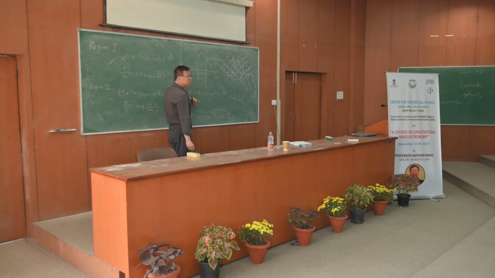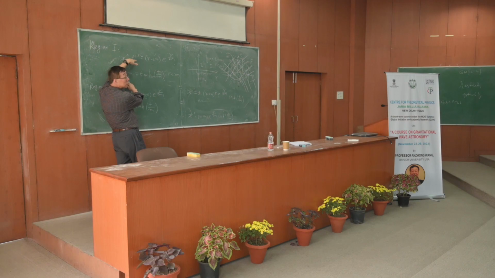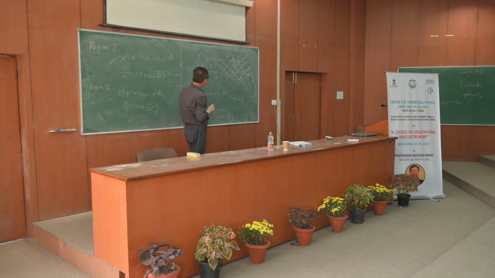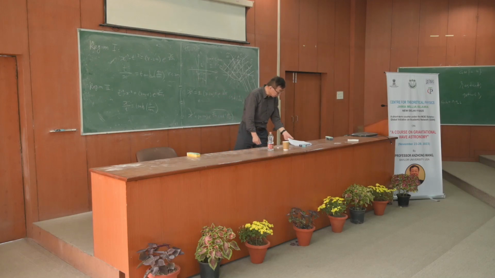I get 2 solutions, but we know that in region 1, x prime is always positive. Where is x negative? It is exactly region 1 prime, because this relation also holds for x prime negative. So now I have 2 solutions here. One is region 1, another is region 1 prime. Okay? So this is how I get the solution.